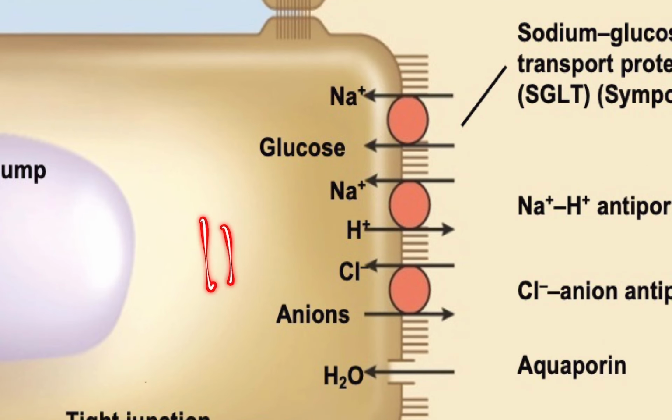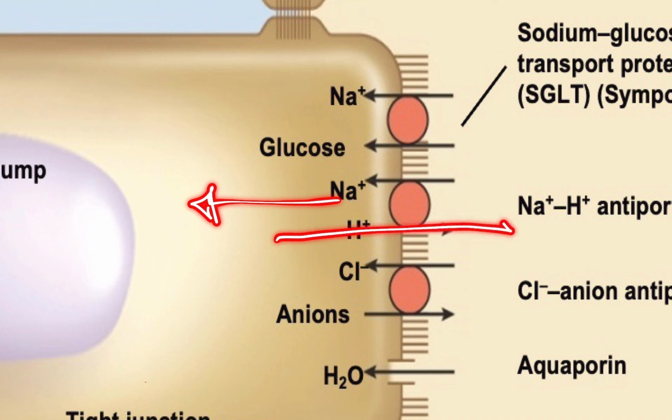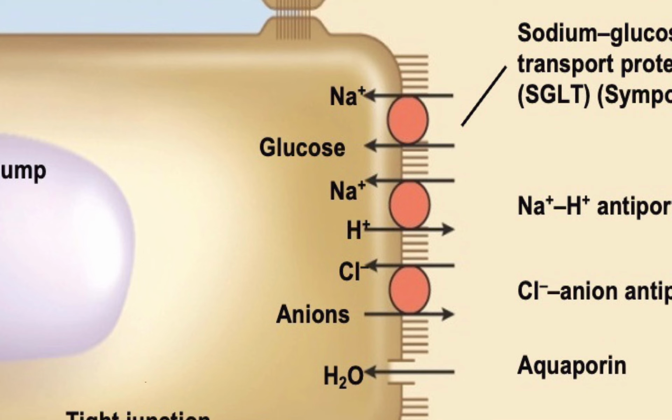So the hydrogen ions are in the cell and you need to put them into the urine, what will become urine. So this is a way of acid-base regulation. It's called the antiport because sodium goes inside the epithelium cell and the hydrogen ion, which is an acidic molecule, will go into the tubular fluid to be urinated out.